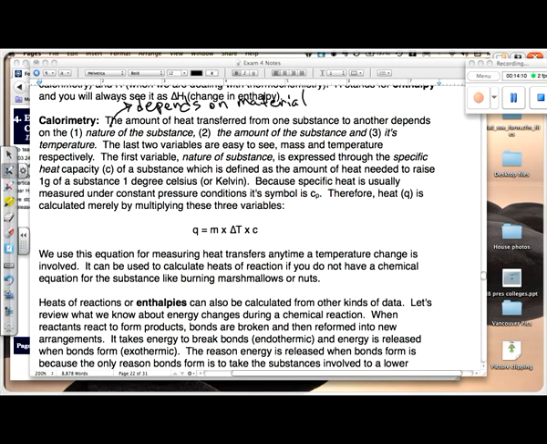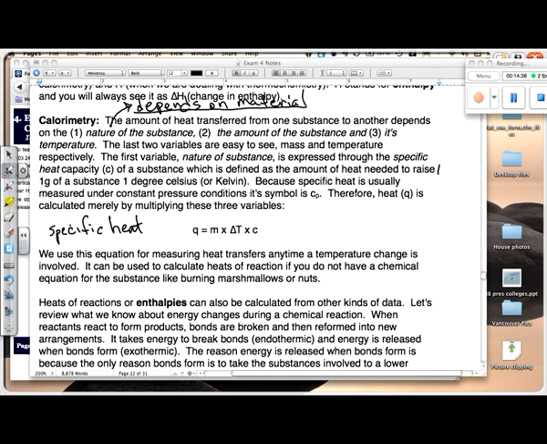Now, how do we quantify this? It depends on the material. It just so happens that there is a constant for materials, called either the specific heat capacity or just specific heat, and it is the amount of energy, heat, needed to raise the temperature of 1 gram of a substance 1 degree Celsius.